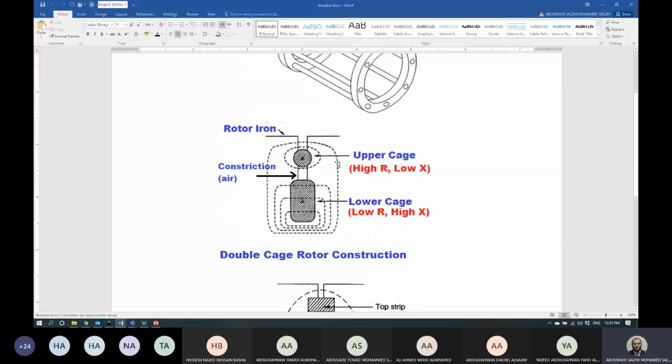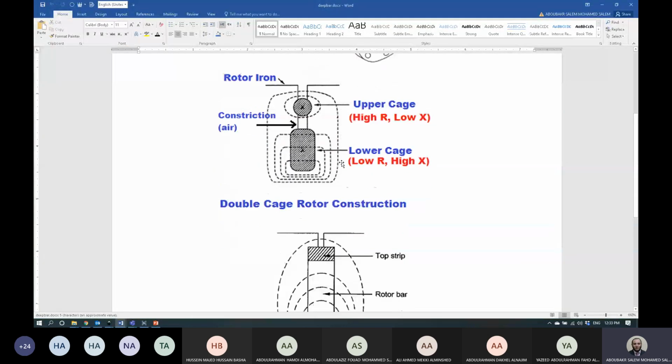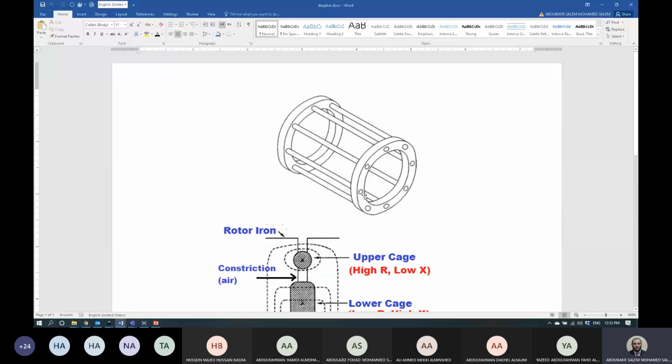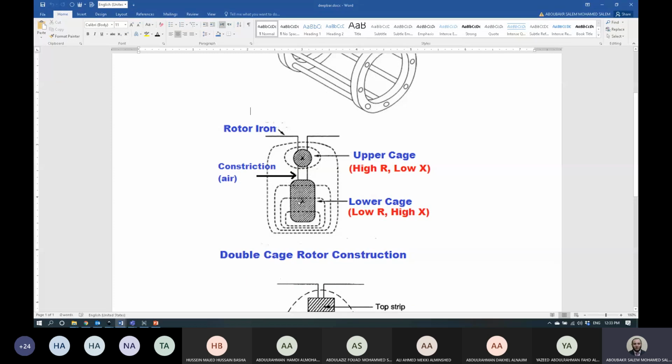But let me give you a figure to see the difference, or to see the double cage. As you can see, this is the squirrel cage machine rotor. Instead of having 1 bar like that, we will have 2 bars.